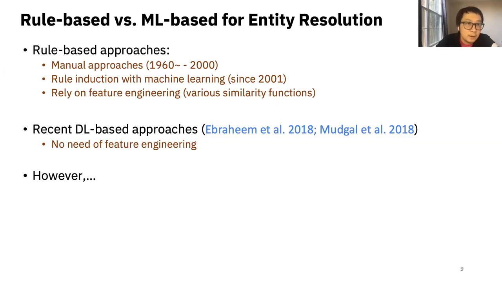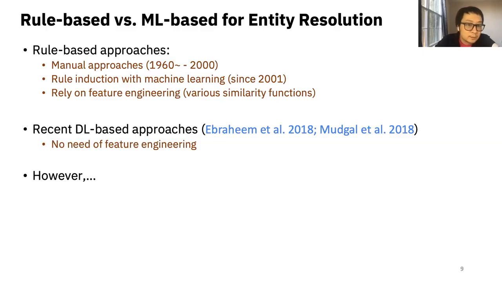And since 2001, machine learning has been applied to automatically generate the rules from labeled data. This is good, but traditional machine learning relies on feature engineering. Basically, a human expert has to sit down and design different similarity functions and matching functions so that the machine learning algorithm can use them to produce rules.